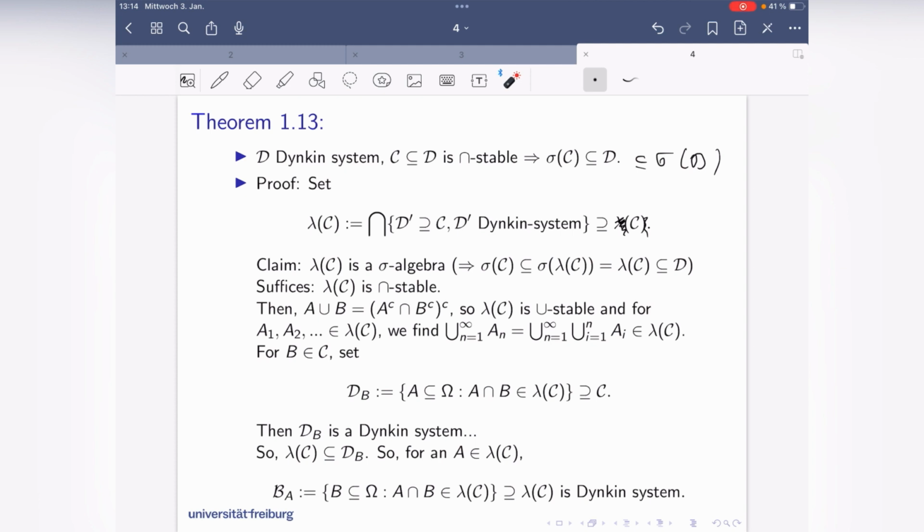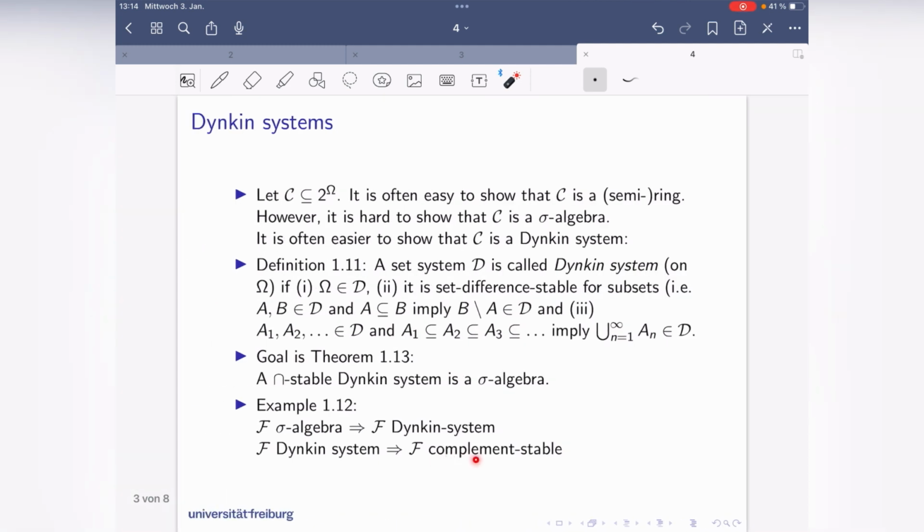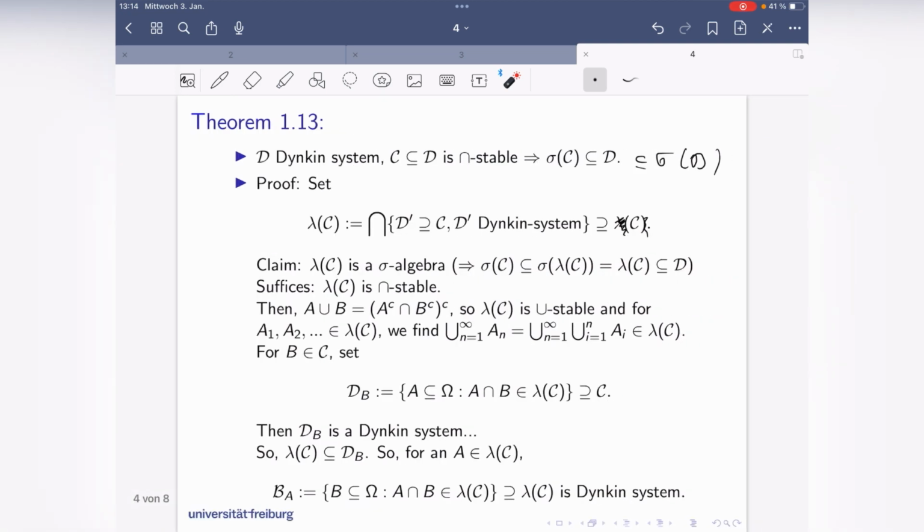And since all Dynkin systems are complement stable, A complement and B complement are in lambda of C if A and B are in lambda of C, so lambda of C is union stable.